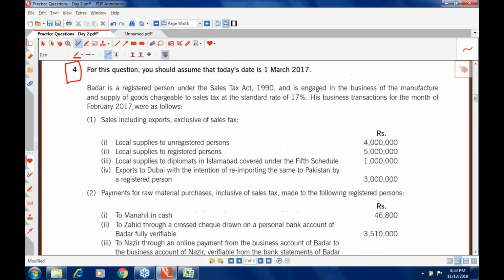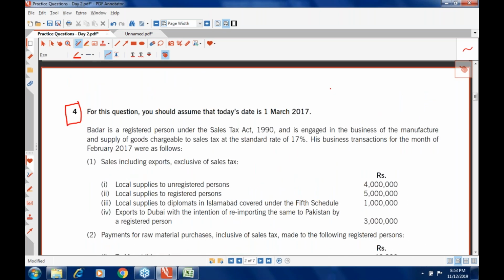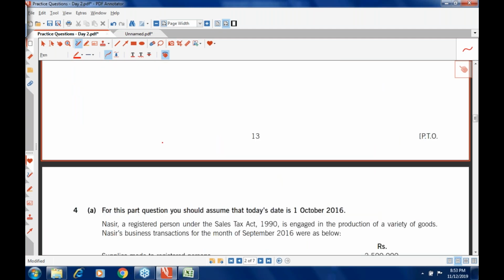We now have question number 4, and this question is from December 2017. Just let me confirm.